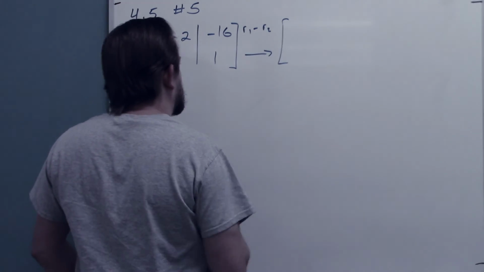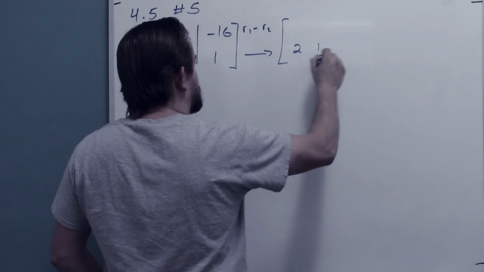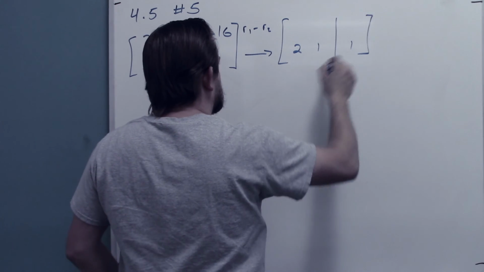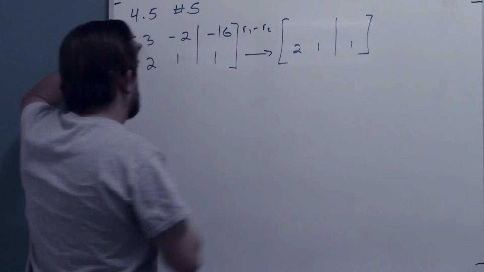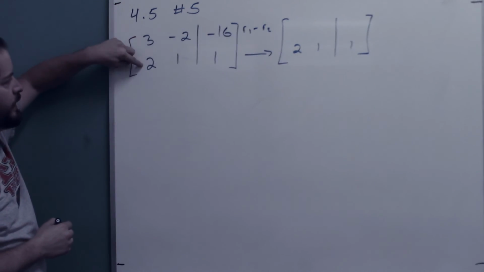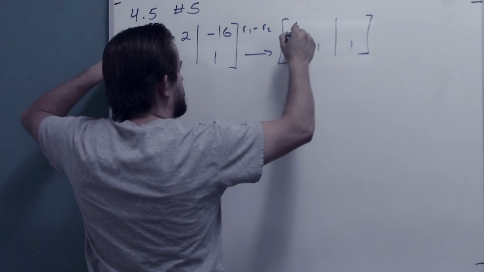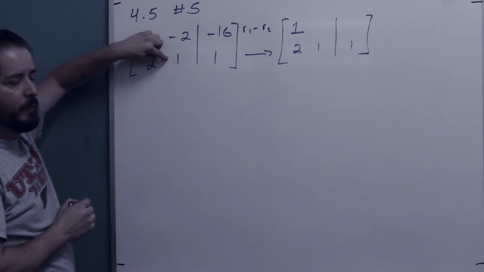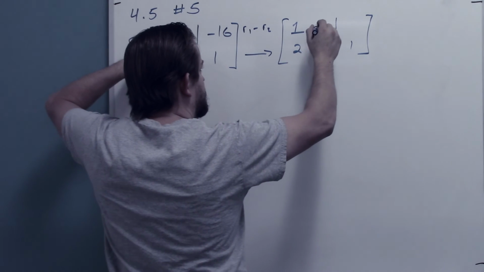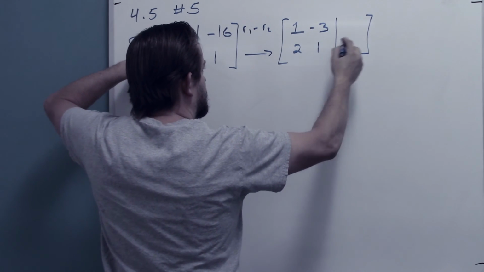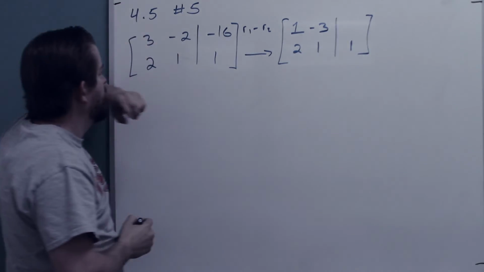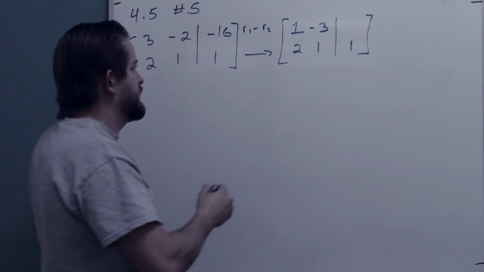Second row I'm not changing, so 2, 1, 1 still. Top row, row 1 minus row 2, so 3 minus 2 is 1. -2 minus 1 is -3. And -16 minus 1 is -17.